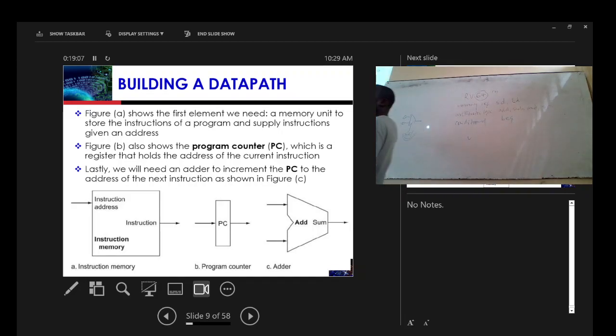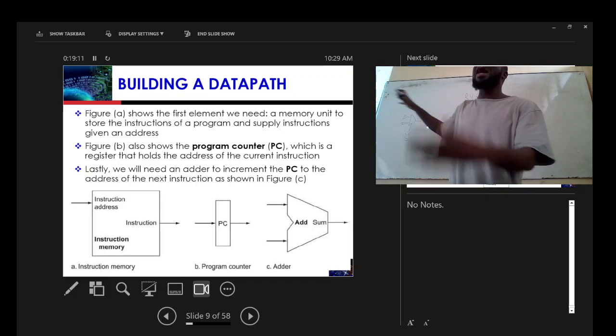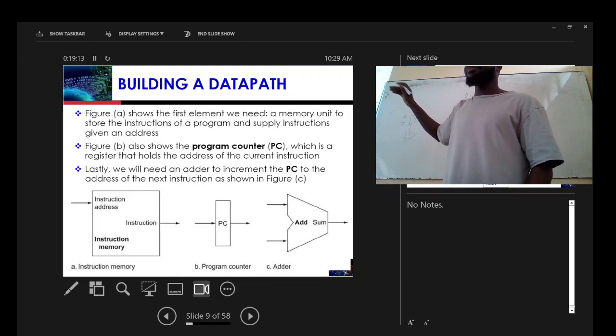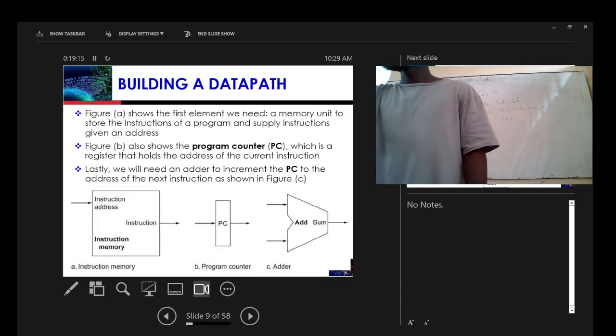This is not an ALU. Look at it very well. It is not an ALU. It's just add. These are just simple stuff, right?